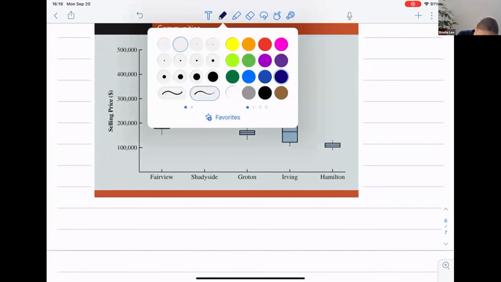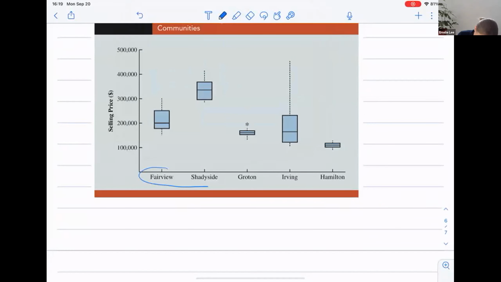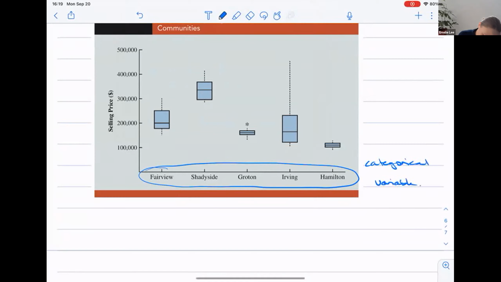So here I want to highlight that this, whatever it is, it looks like it's communities, right? So here, these would be a categorical variable with the categories on the x-axis, right? And then we have the selling price, probably of home prices. I don't remember the example, it doesn't matter.